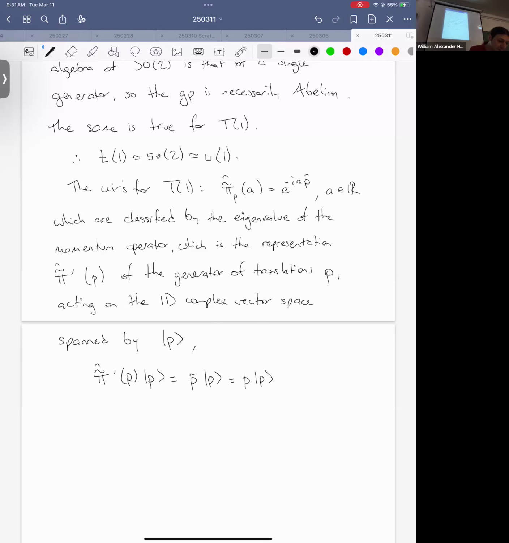We just get the number P back, where this number P is just some real number.